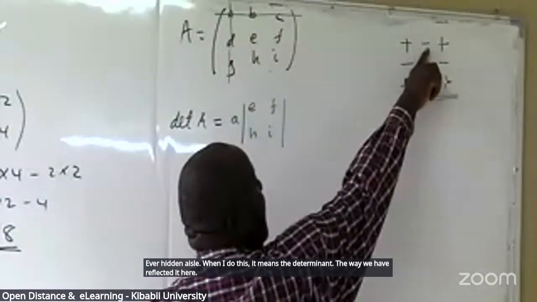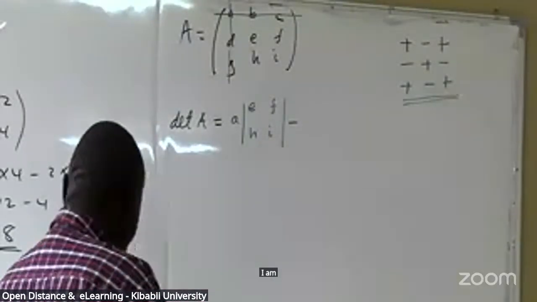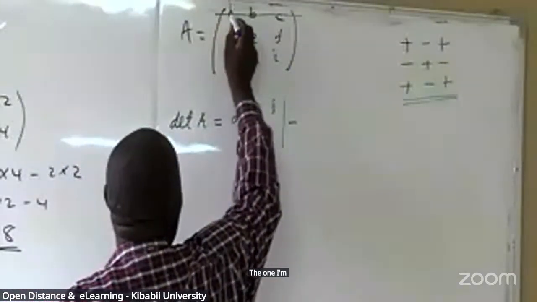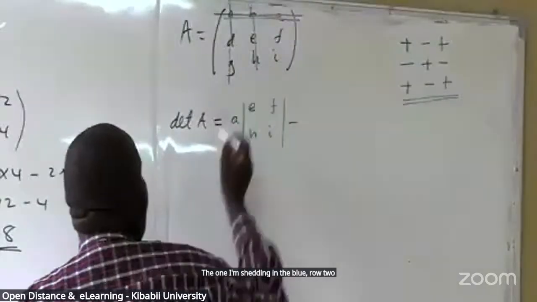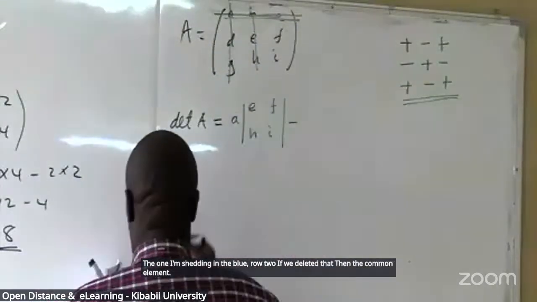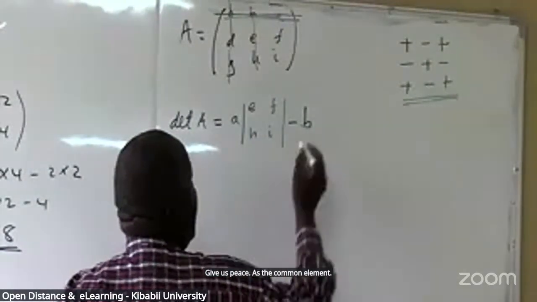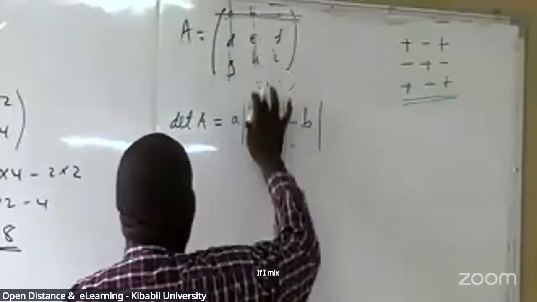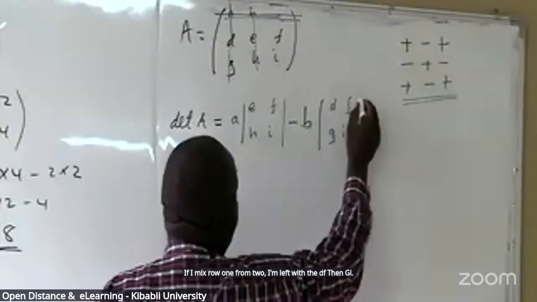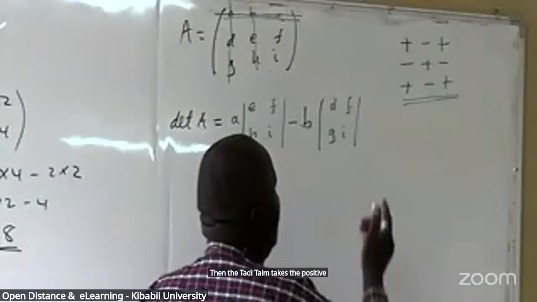Then the second one takes the negative, so it's minus because of that sequence. I am looking at row 1, column 2, the one I'm shading in blue. The common element there is B. If I delete row 1, column 2, I'll be left with D, F, then G, I. Then the third term takes the positive side, so it will be plus.